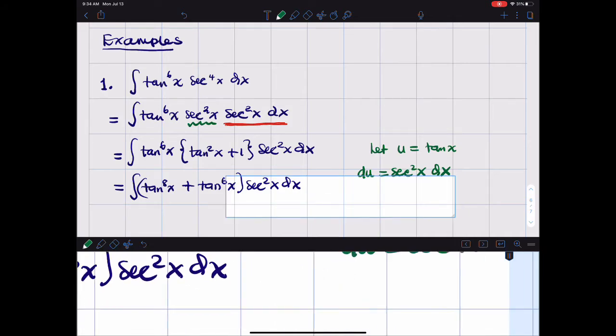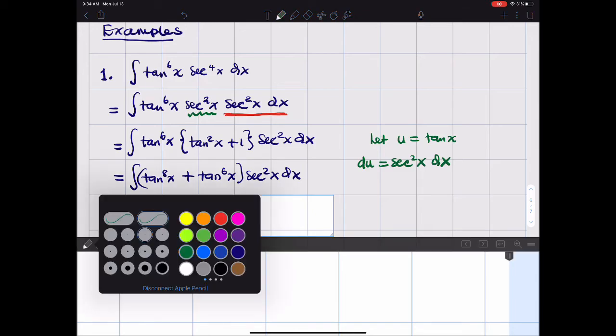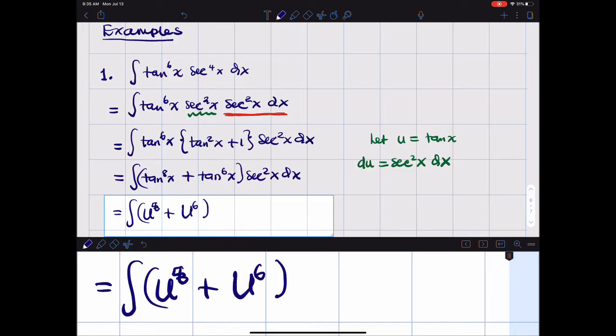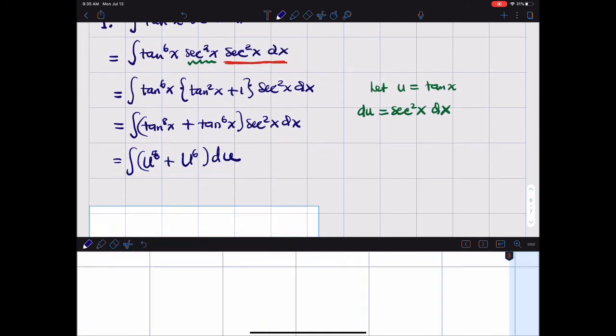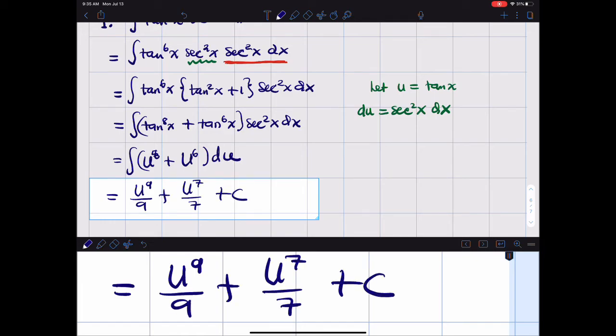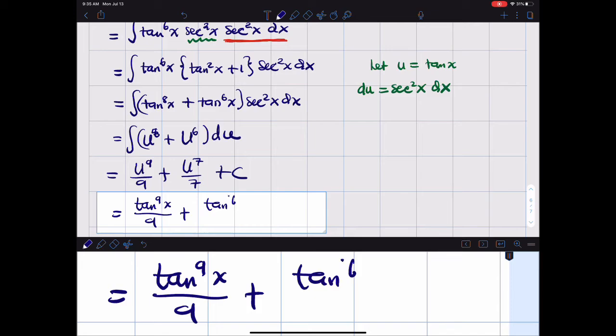So we can just replace it with du, and everything will be in terms of u, and then we can happily integrate. So this is the integral of u to the power of 8 plus u to the power of 6 du. That's u to the power of 9 over 9 plus u to the power of 7 over 7 plus c. So this is tangent to the 9 of x over 9 plus tangent to the 7 of x over 7 plus c.